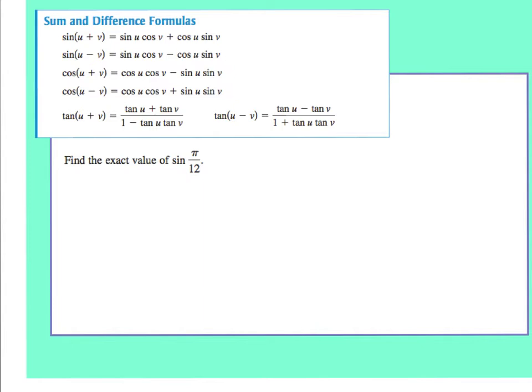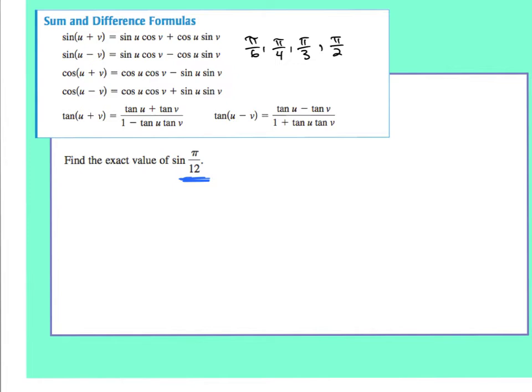What do we know on our unit circle? We know pi over 6. Good. What else do we know? Pi over 4, right? And what else? Pi over 3 and pi over 2. And we know those angles, true? Now, I have a denominator of 12, so let's put them in common denominators of 12.